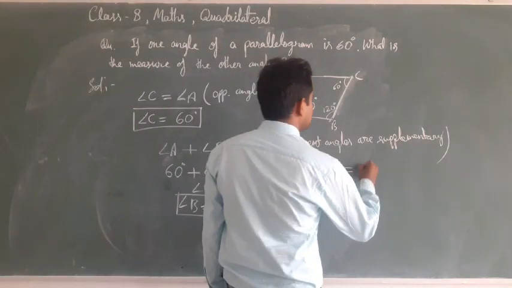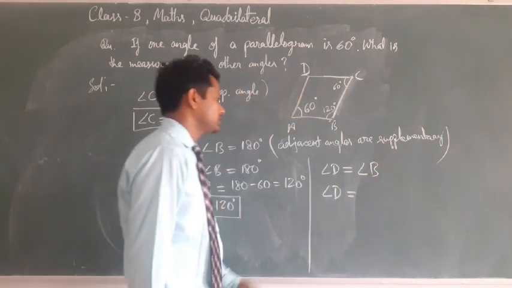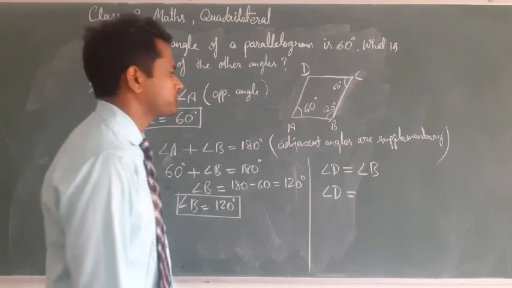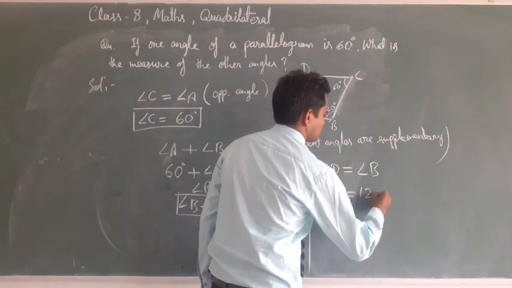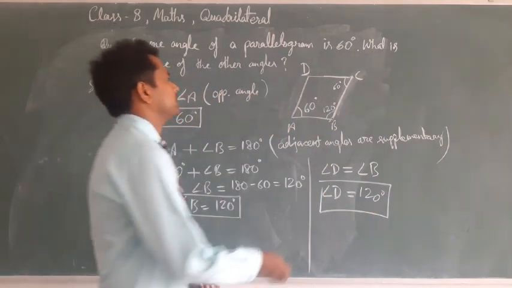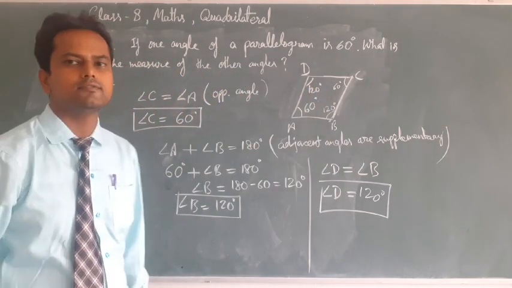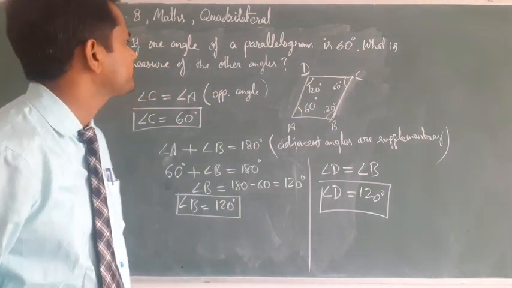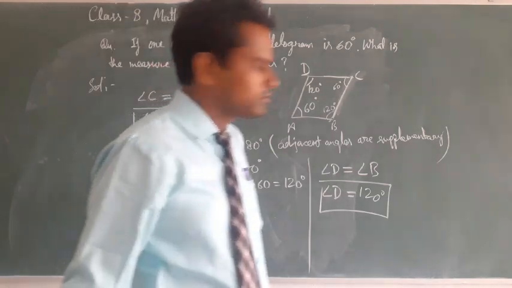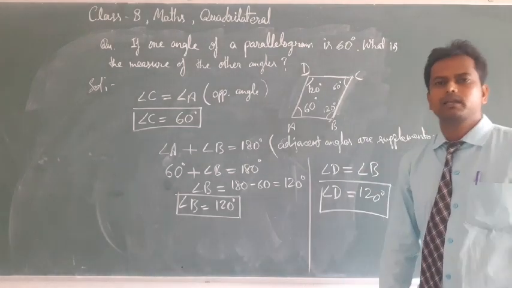So angle D is equal to angle B, and we have 120 degrees. So angle D will be 120 degrees. So in this way you have to calculate the remaining angles in a parallelogram.